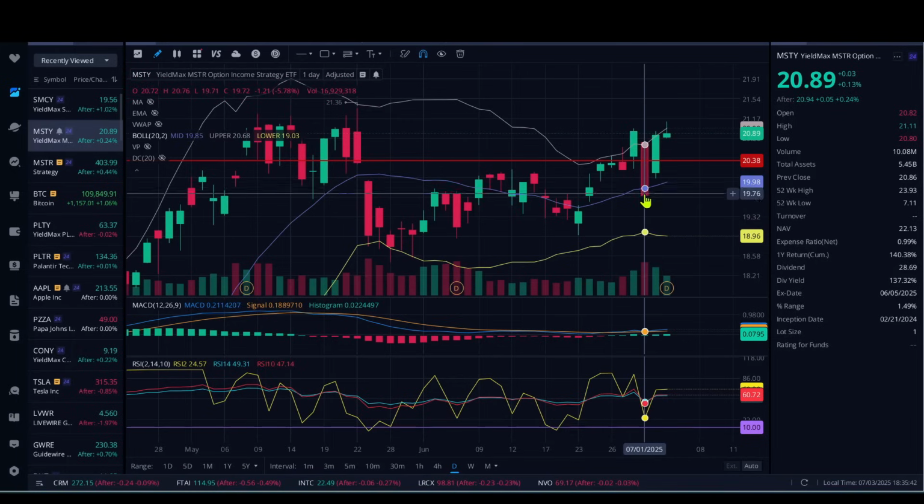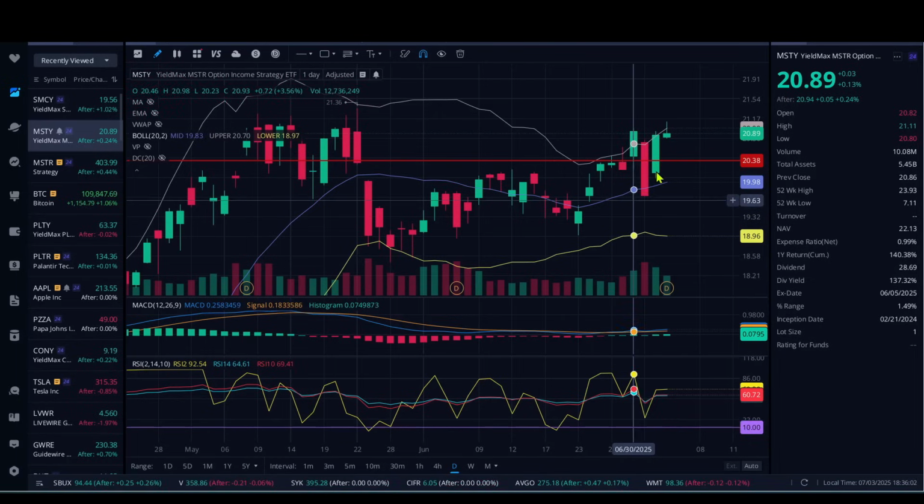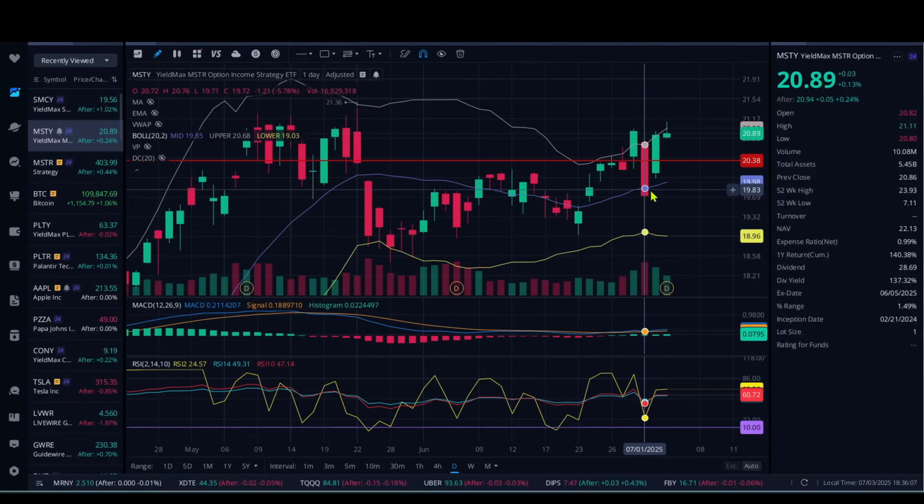But in this case, you would have looked up and it actually shot up, right? But in my case, since it did not get below the 10, I would have missed that buy, because it was below the mid, but it did not cross below the 10 on the RSI2. So I would have missed this purchase, but that would have been okay because you can't catch them all.